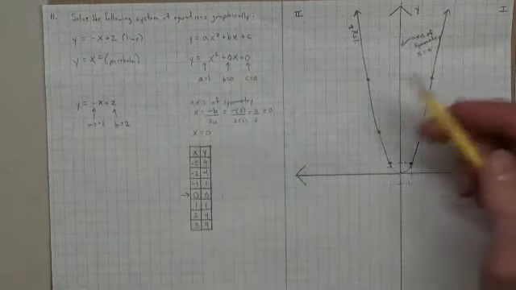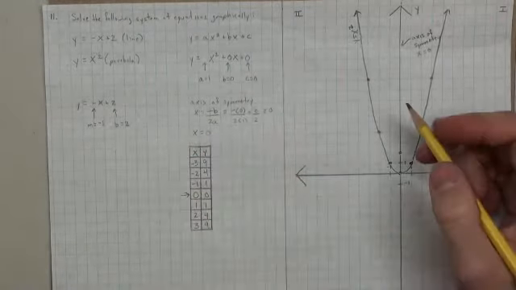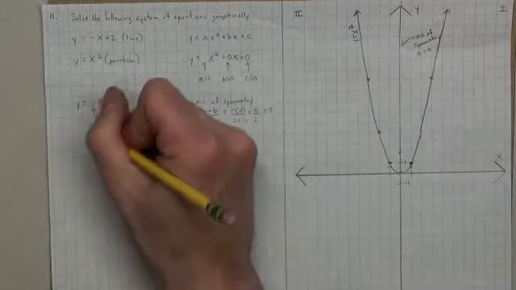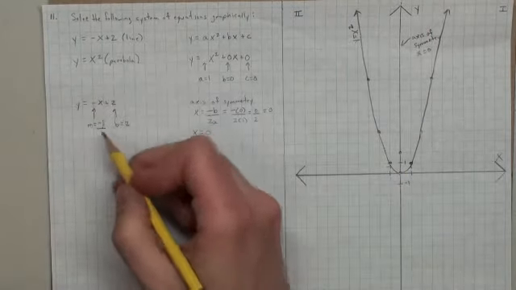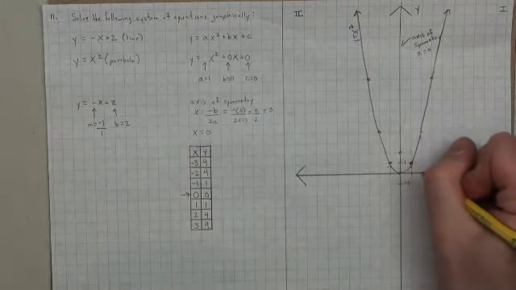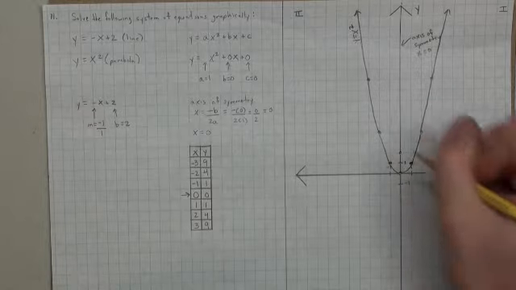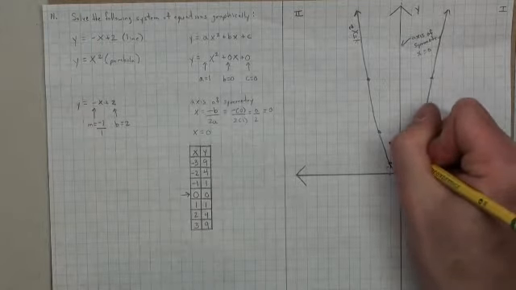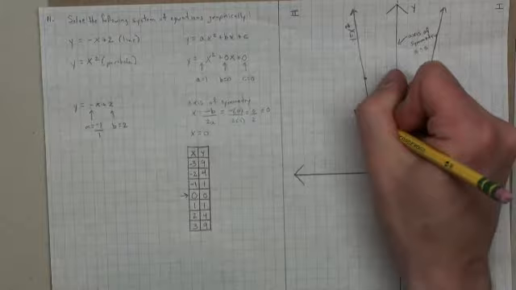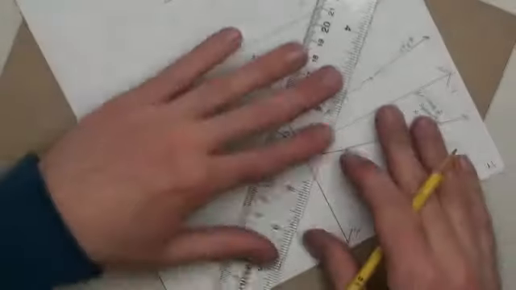It's got a y-intercept of 2, and it's got a slope of negative 1. So remember, that's really over 1, so it's down 1 and to the right 1. Down to the right, down to the right, down to the right. I just make a couple of dots, and then I'm also going to go up and to the left. You can always go the opposite direction. And you can see the 2 points where it crosses.